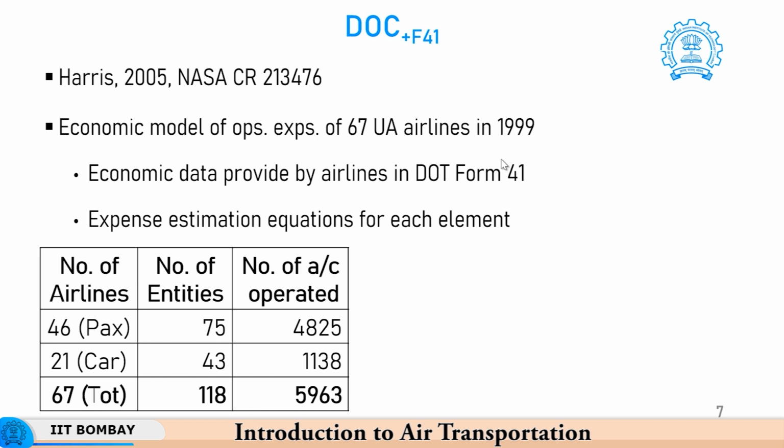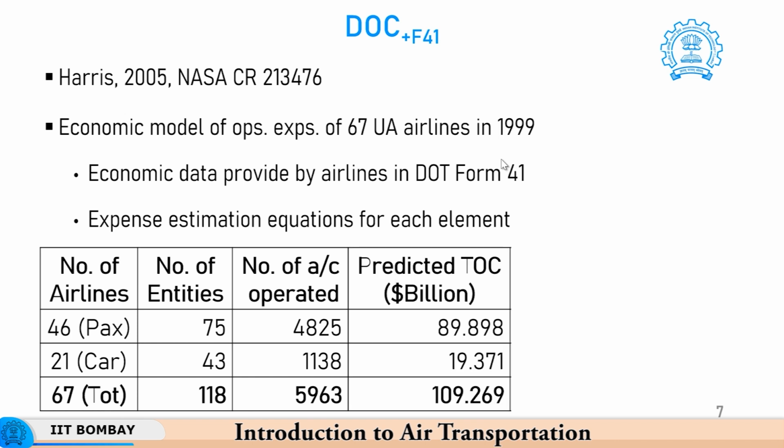So, close to 6,000 aircraft data was utilized in creating the equations, or I can say that data of nearly 6,000 aircraft was fitted to arrive at the equations which are reported in the DOC plus F41 model.